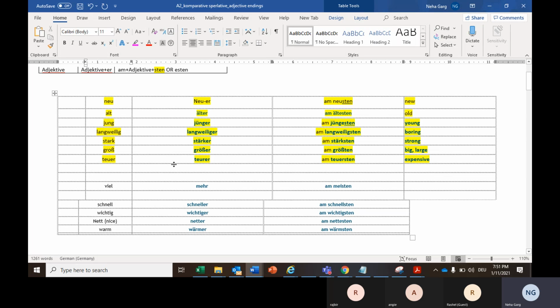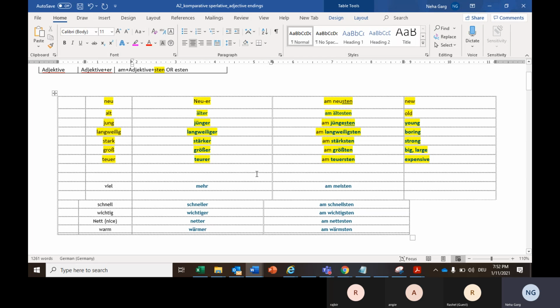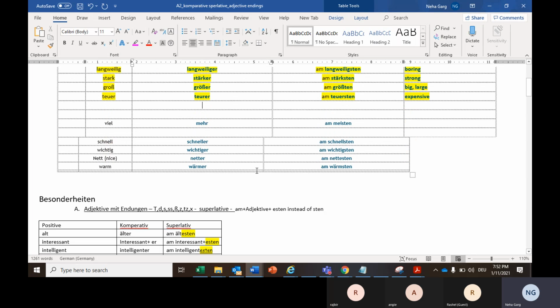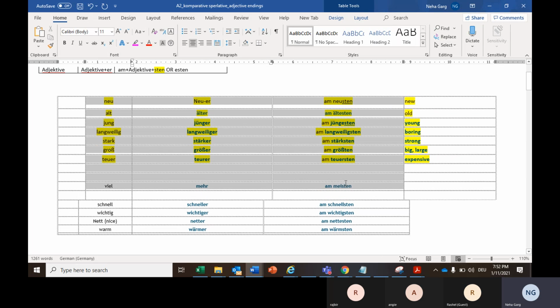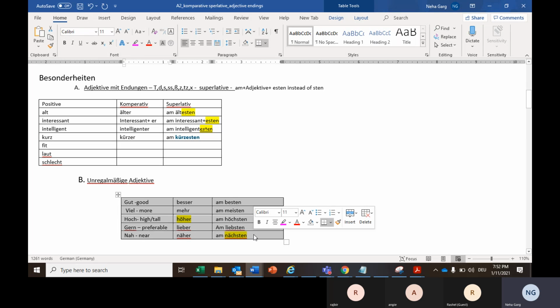Maybe like silver is expensive, gold is more expensive, and diamond is the most expensive, something like this. Try to write a few more sentences from these adjectives. From this one also, and then two words you have to pick from here also.